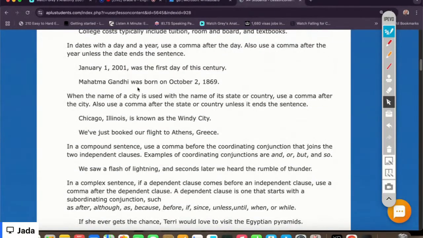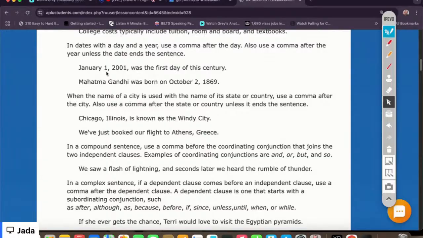Okay. So when it comes to dates, you have to put a comma in between the day and the year. So use a comma after the day and in between the day and the year. All right. Also use the comma after the year unless the date ends the sentence. So if it's ending the sentence, then you don't need to put a comma after the year. But if it gives you additional information after that, then you can put a comma after the year.